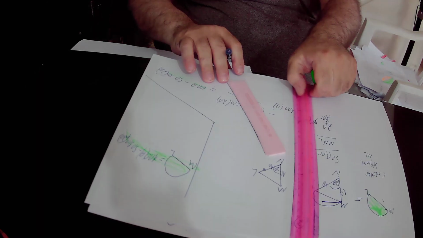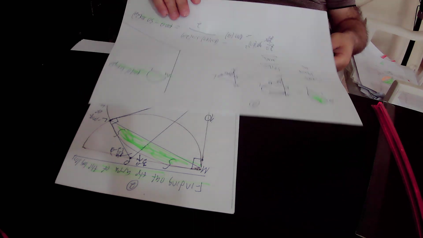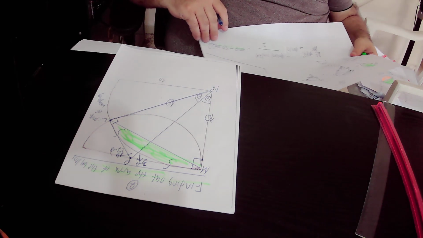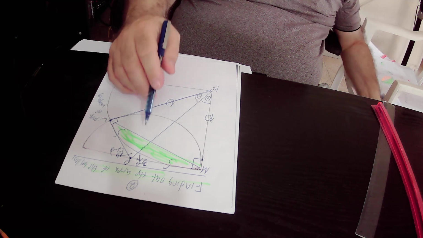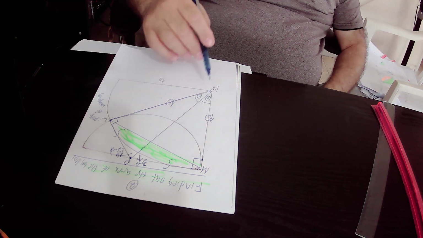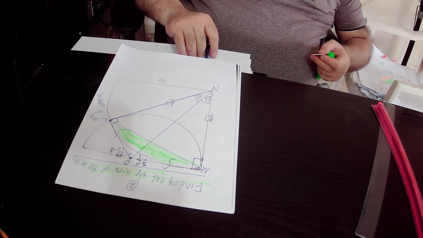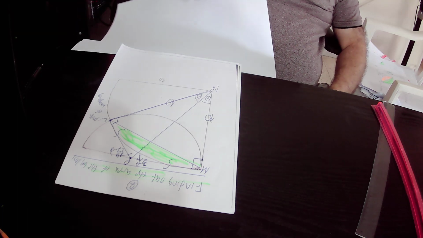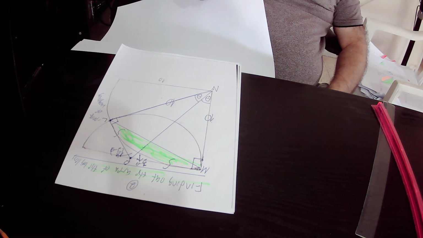In order to find the value of theta and the value of sine 2 theta, I will draw the right triangle MON that contains angle theta. We derive both values from this right triangle.